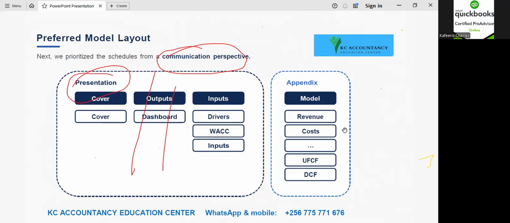And it is so important. The model needs to be able to communicate all its findings to the stakeholders.